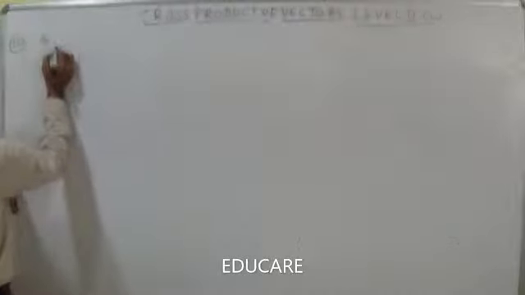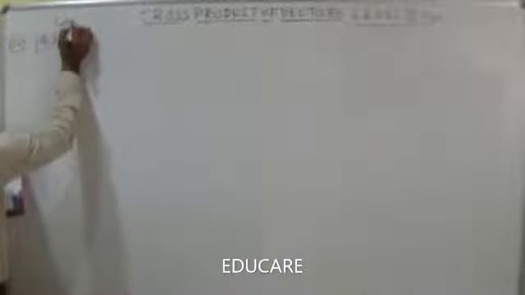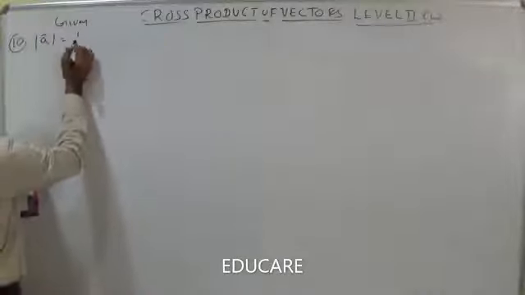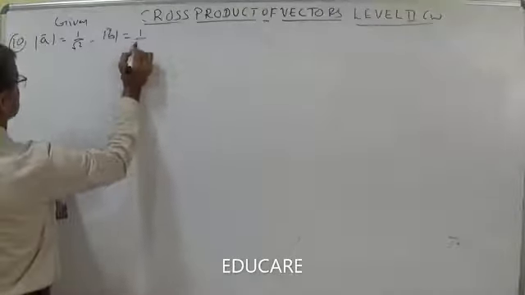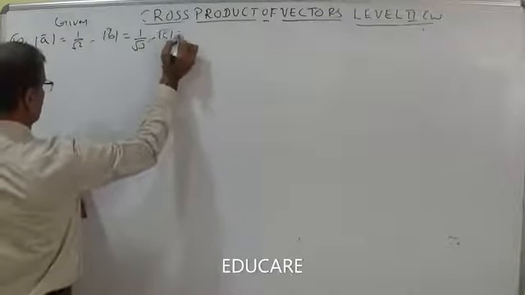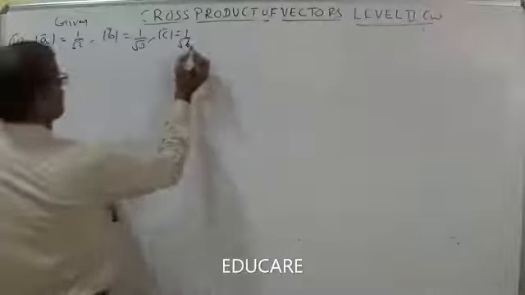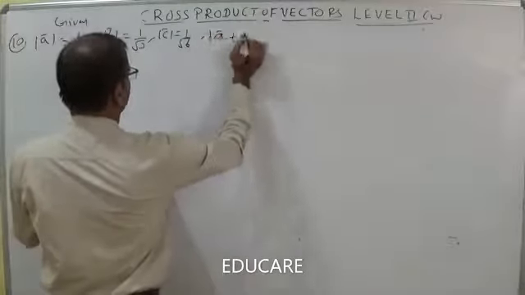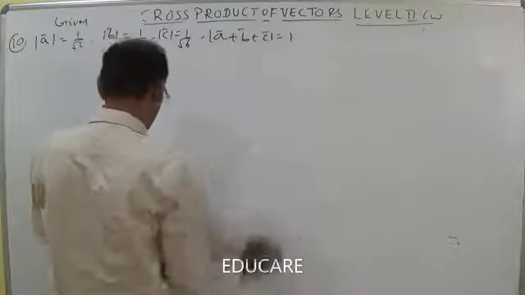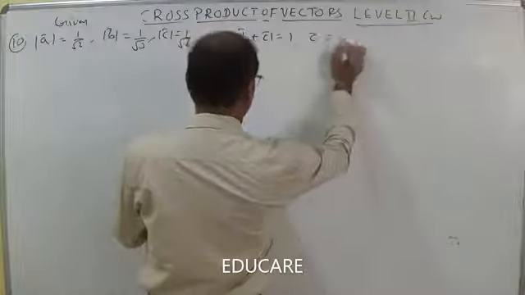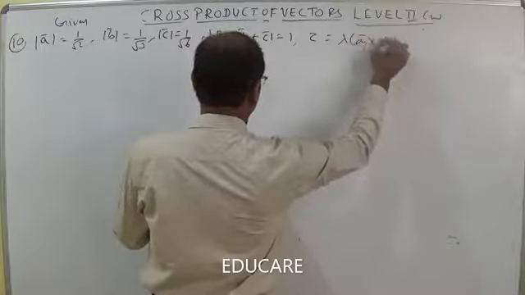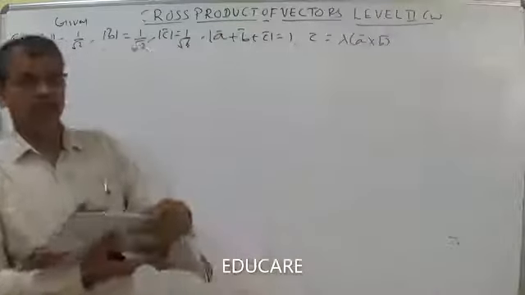The given data: the magnitude of every vector is given, modulus of A bar equal to 1 by root 2, modulus of B bar is equal to 1 by root 3, and modulus of C bar equal to 1 by root 6. And the modulus of A bar plus B bar plus C bar is equal to 1, and C bar is given as lambda into A bar cross B bar.